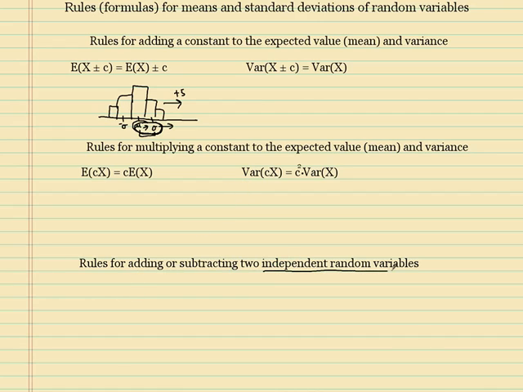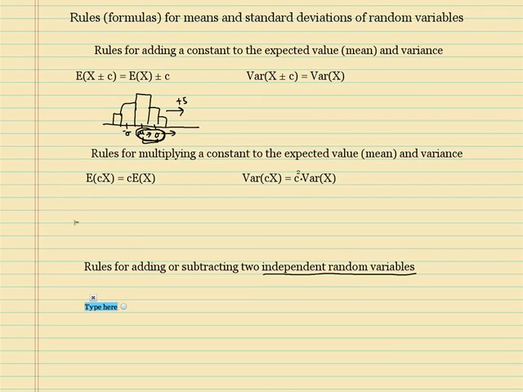All right, so let's talk about adding and subtracting two independent random variables, and you'll get a whole bunch of practice at these. Say you have the expected value of x plus or minus some variable y. Two random variables, you're adding or subtracting them. So we could just add or subtract these.